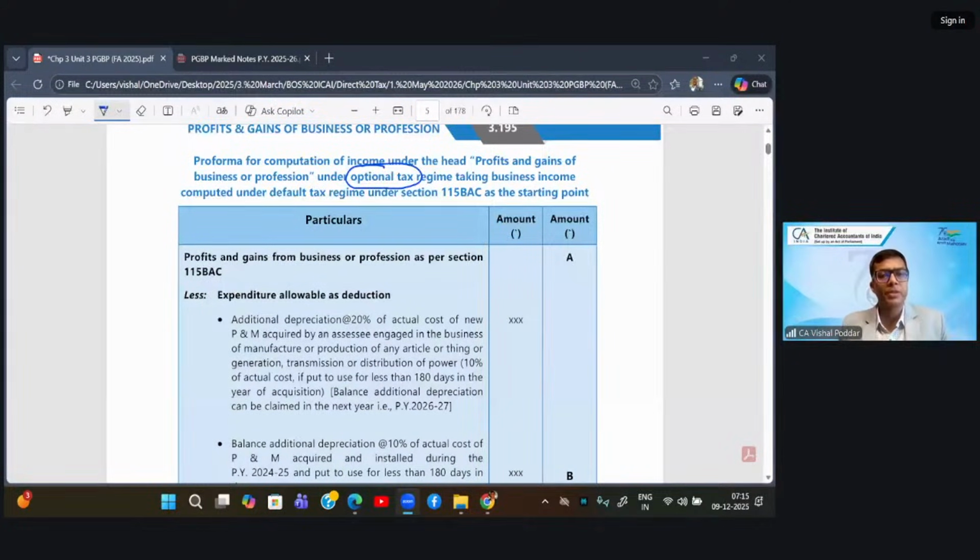So there are some expenses which the new scheme is not allowing, but these expenses were allowed in the old scheme.